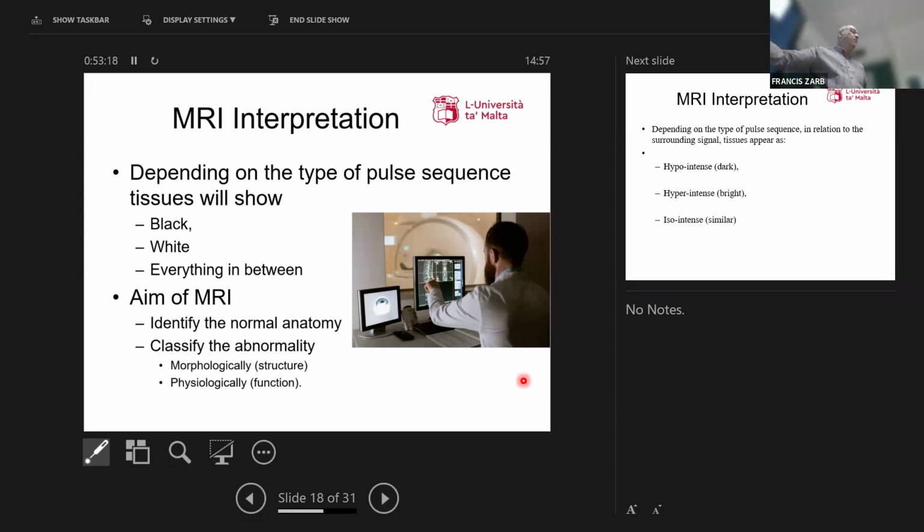Physiologically hemm sequences ta' għandek il-diffusion weighted, so qed nidħol fihom. There are sequences which give information about function. Ġifieri l-iktar, the most common images are to see the anatomy and if there are any changes in the shape and structure of that anatomy, which indicates that there is a pathology. Okay?